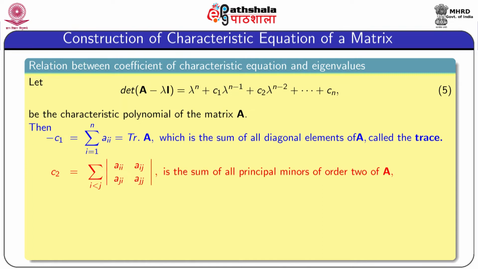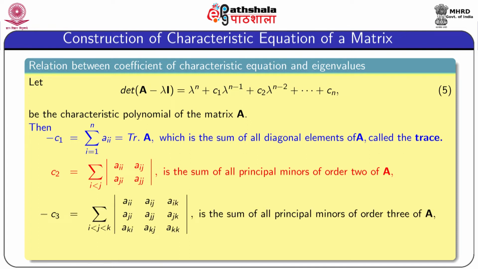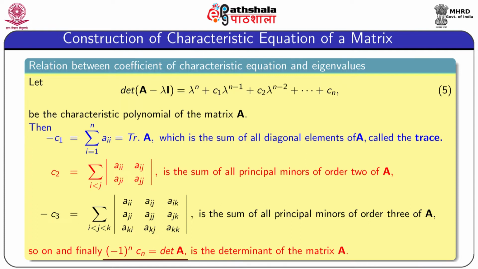C2 is equal to the sum of all principal minors of order 2 of the matrix A, minus C3 is the sum of all principal minors of order 3 of the matrix A, and lastly minus 1 to the power n Cn, the last coefficient, is equal to the determinant of the given matrix A. So, minus C1, C2, minus C3, C4 and lastly Cn, the coefficients of the equation 5, are obtained by this formula. So, using this method we can determine all the coefficients of the equation 5.